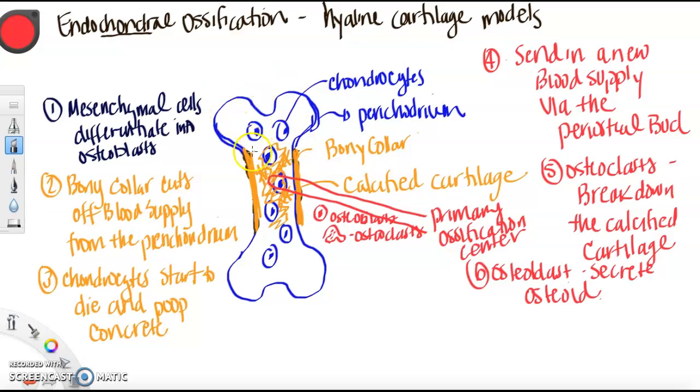So this starts to occur on up the bone into the diaphyses. Basically the same thing happens, and they also get a little bud from a vessel. These create secondary ossification centers.